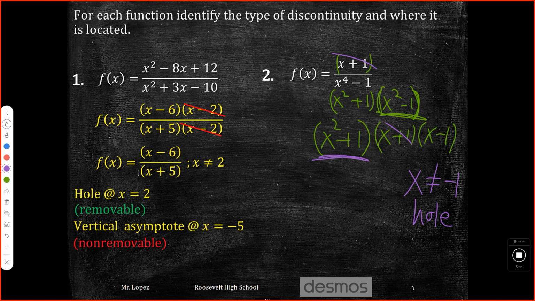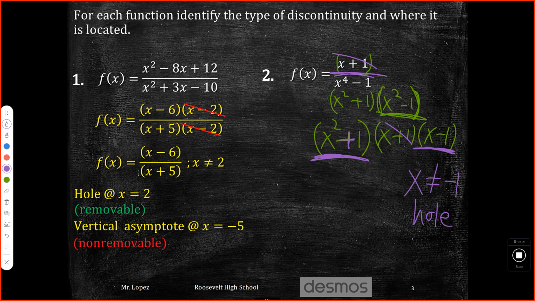There will never be a problem here with the x squared plus 1, because you can input any number here and it will always be positive. So there's no problems here when you have it at the bottom of a fraction. The problem is you don't want to have zeros at the bottom of a fraction, and there's no problem here.